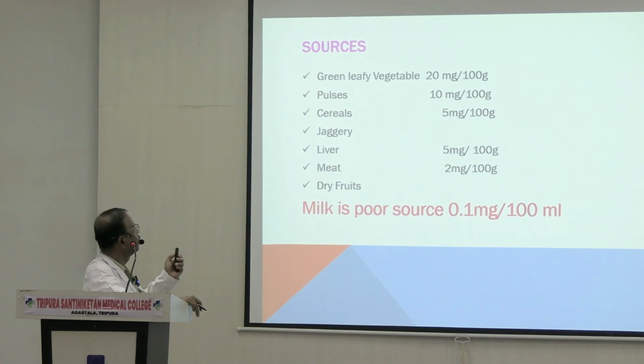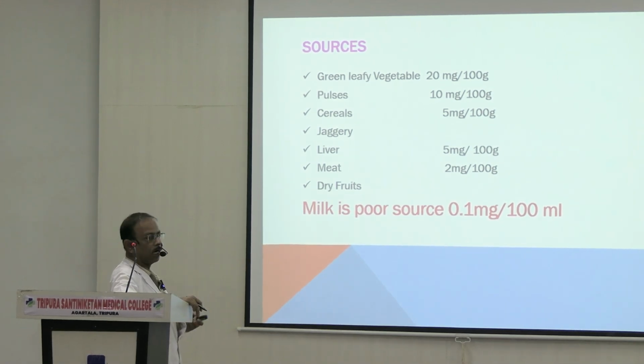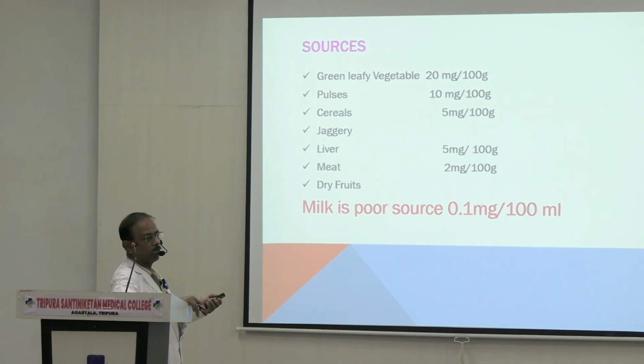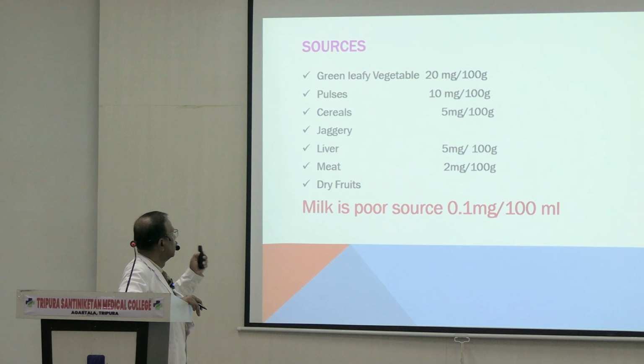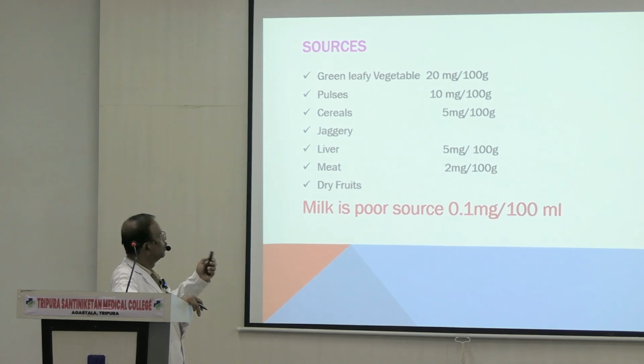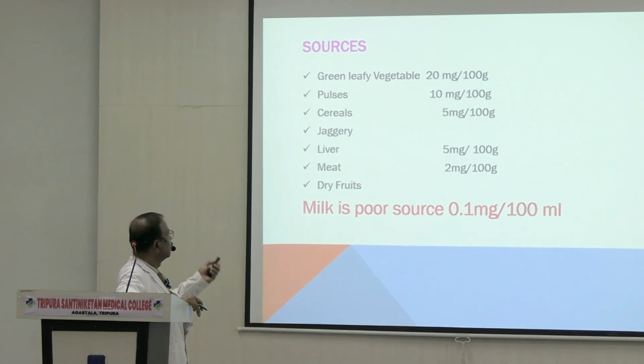Main sources are green leafy vegetables. About 20 milligram iron is available in 100 gram of vegetables. Pulses, 10 milligram per 100 gram of pulses.